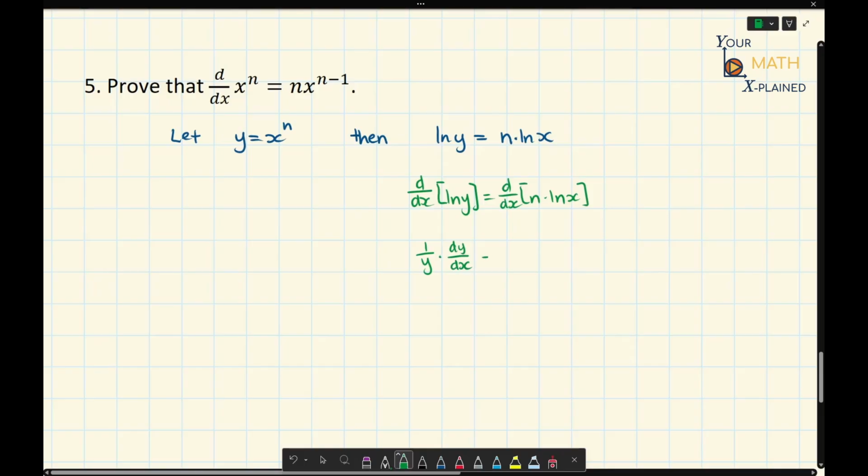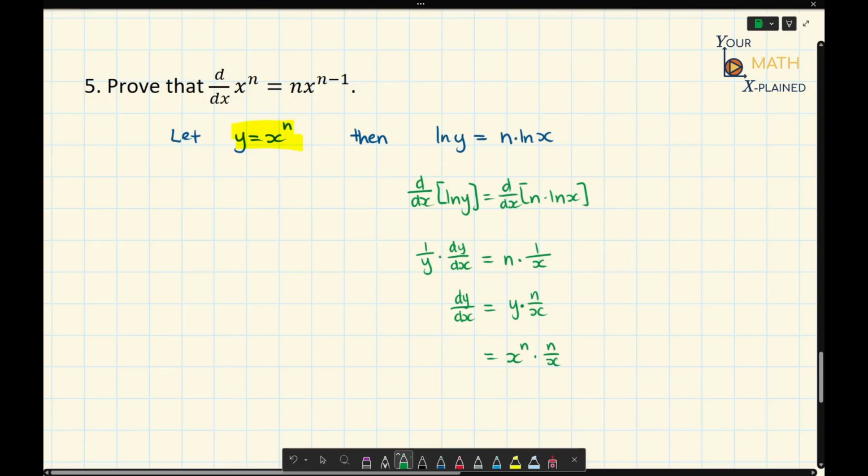And then the right-hand side, we're going to get n times 1 over x. Isolating dy dx is going to give us dy dx is equal to y times n over x. And now we can go ahead and do our substitution because y is equal to x to the power of n. So this is equal to x to the power of n times n over x.